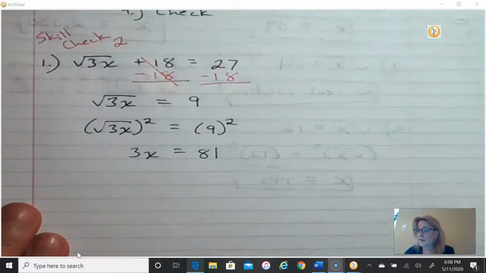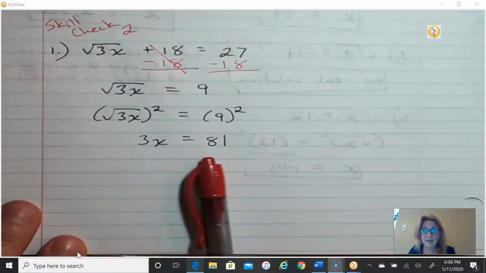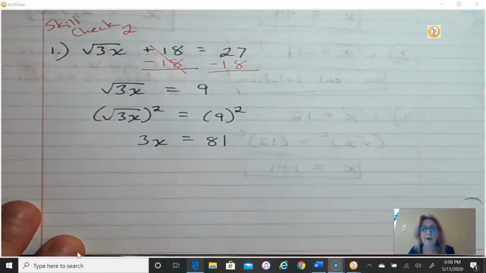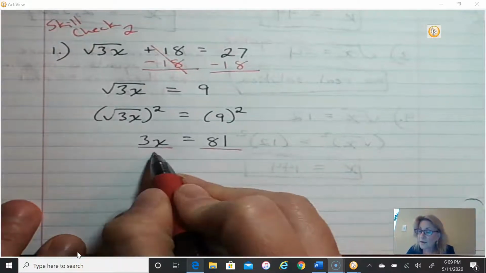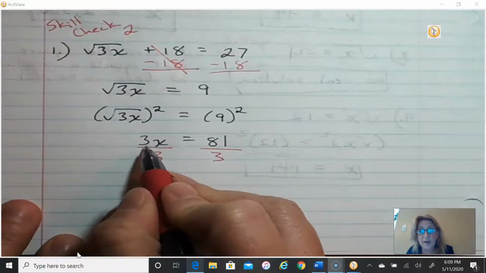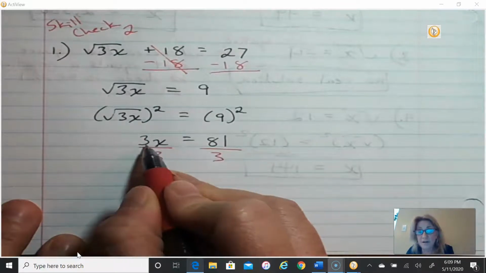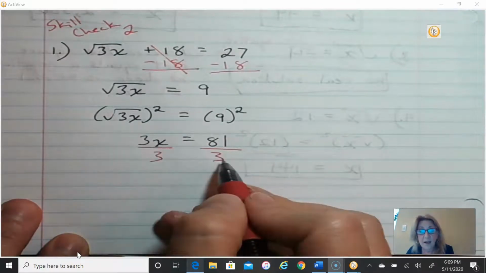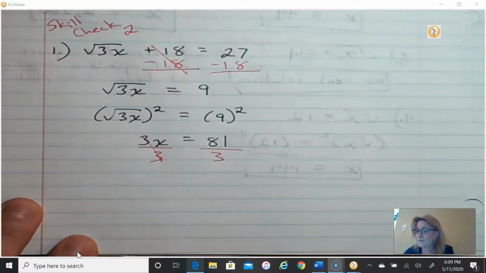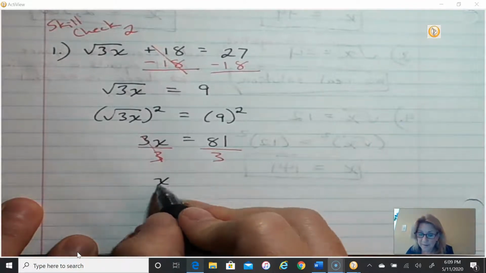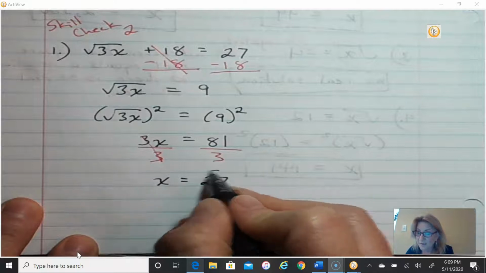We can't just leave it like this because we need x equals something. So we divide both sides by 3, because we're multiplying, so we do the opposite, and that's divide. We're left with x equals 27.